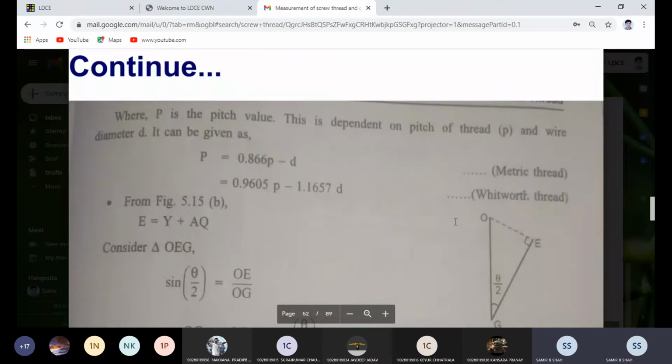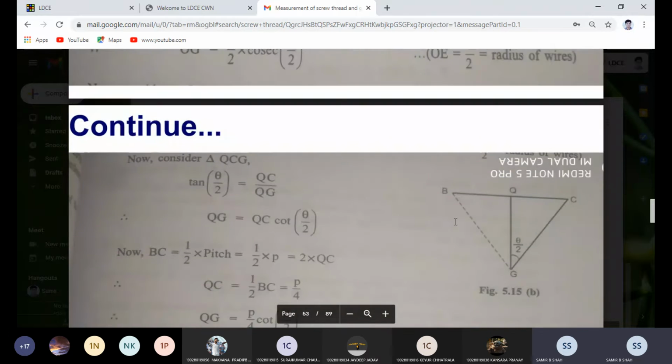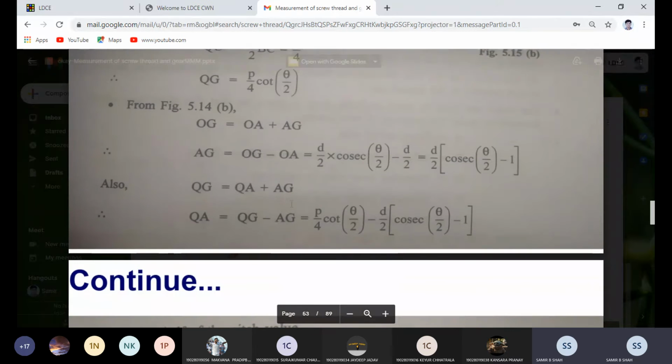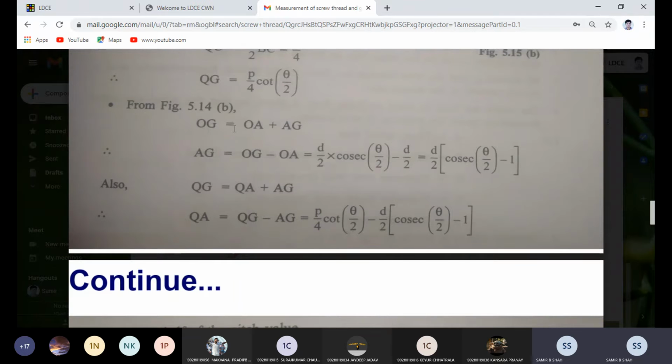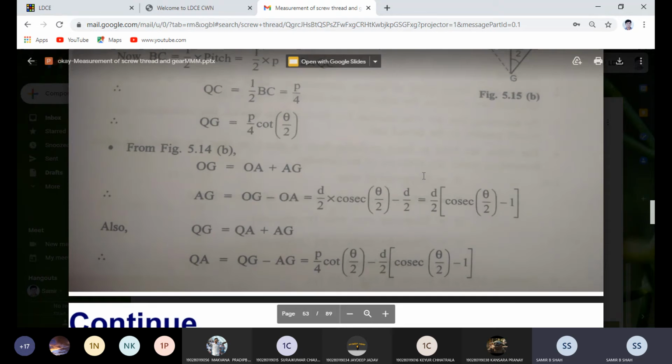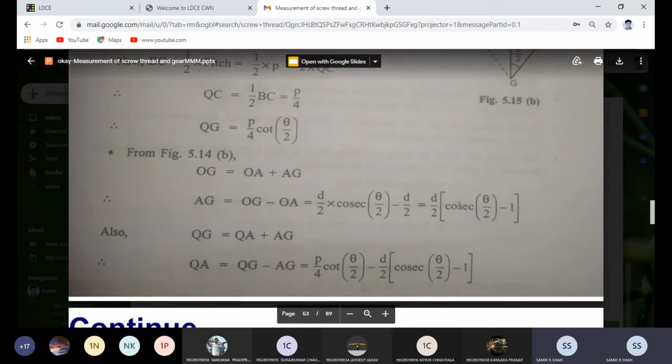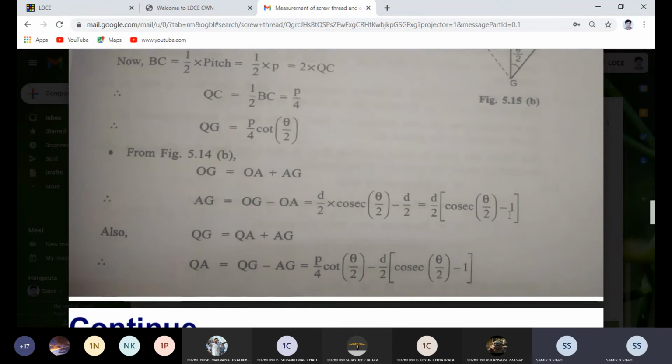Here we are focused with the diameter D, so it may be D by 2. OG is equal to OA plus AG. So AG is equal to OG minus OA, in place of OG we put D by 2 cosec theta by 2 minus D by 2. So D by 2 is common, cosec theta by 2 minus 1.